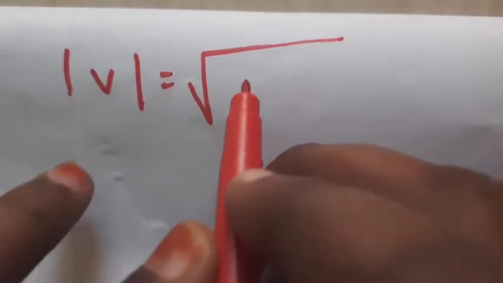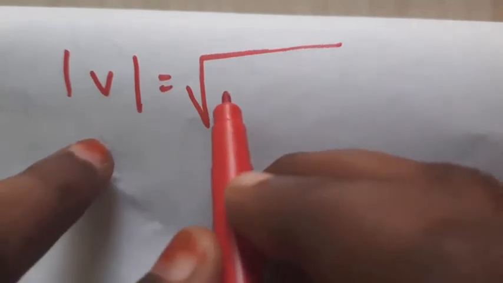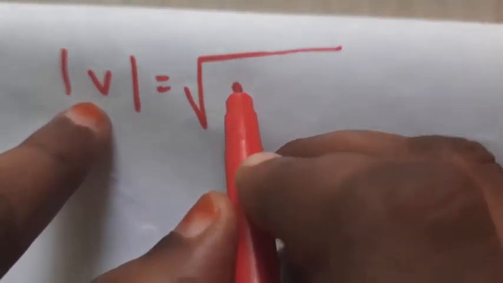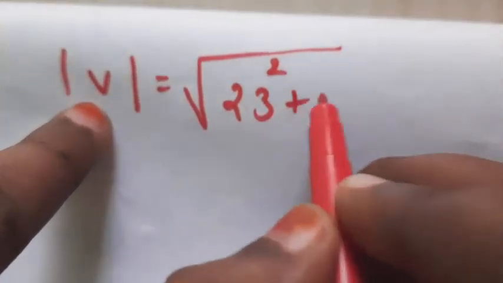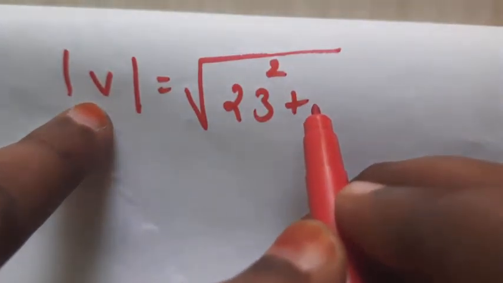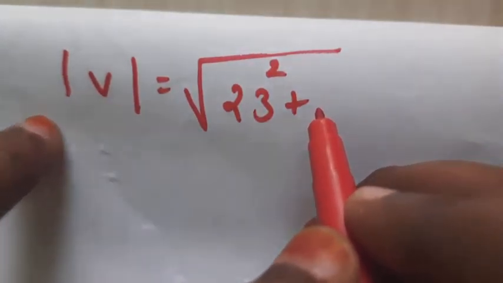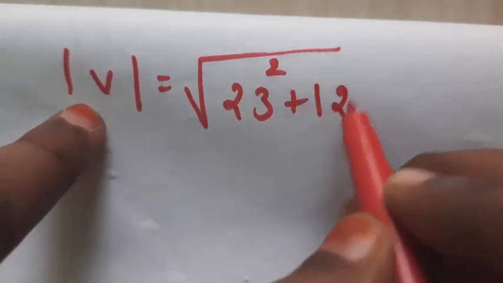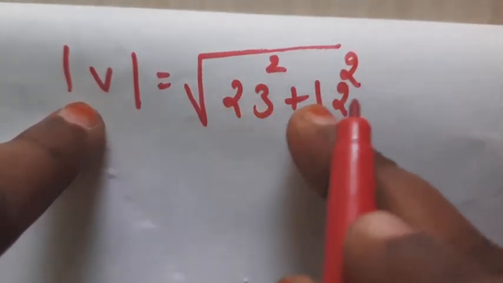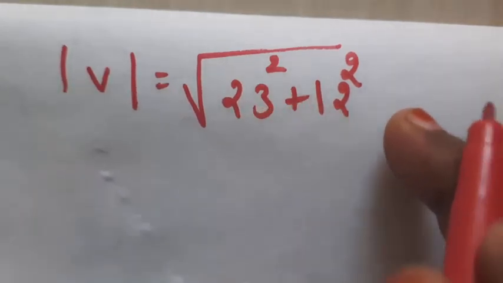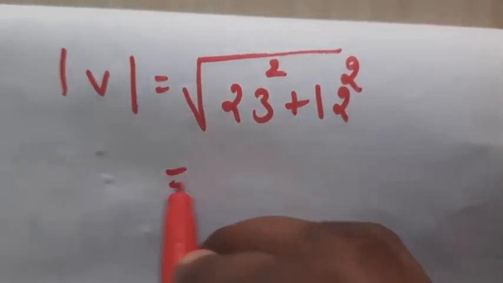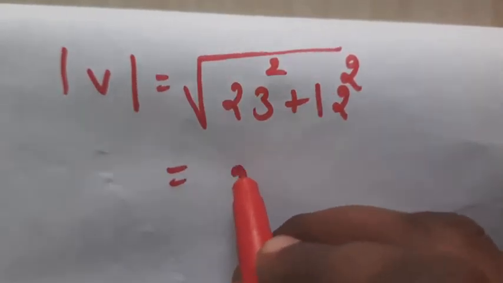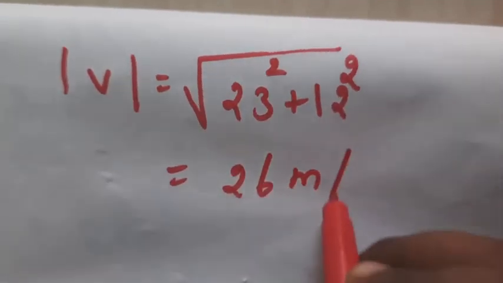So the magnitude is 23 square for the i cap we found, plus 12 square for the j cap. The modulus is the square root of a square plus b square. So the result of this you can get is 26 meter per second.